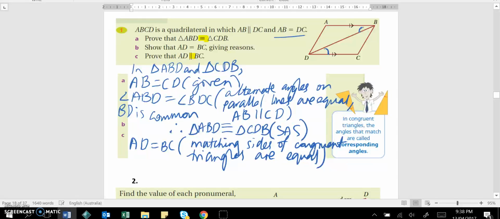Okay, the next section asks me to prove that AD is parallel to BC, and we're going to do this by using the converse.